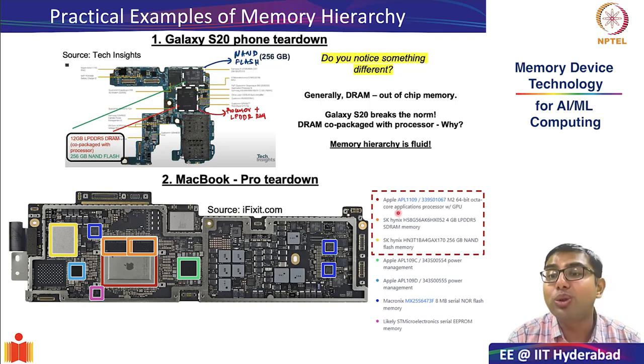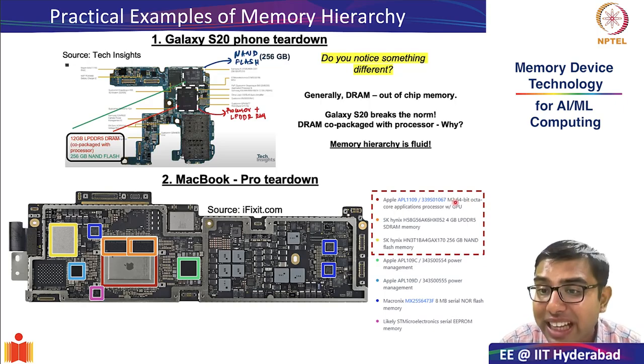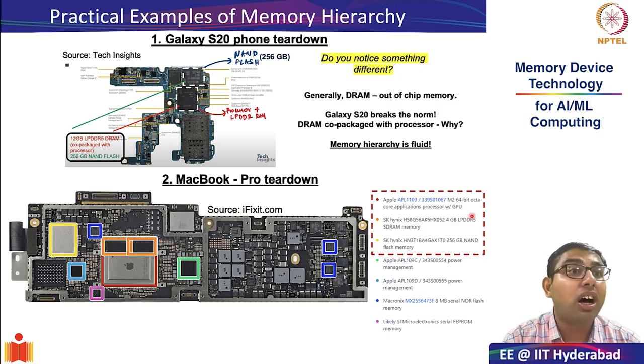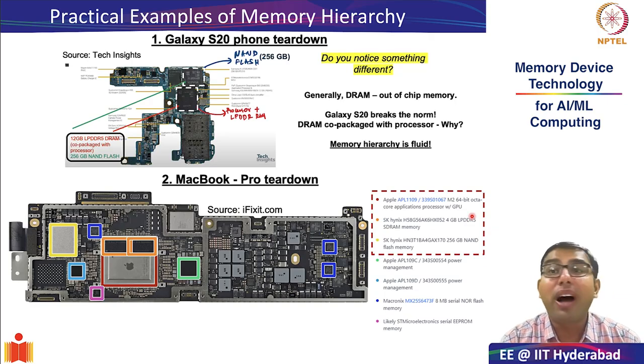What is very interesting to see also is that this 8-core chip also has a GPU, or graphics processing unit. Why has the graphics processing unit become very important in modern-day chips? It is because graphics processing units essentially accelerate matrix multiplications, specifically vector matrix multiplications.